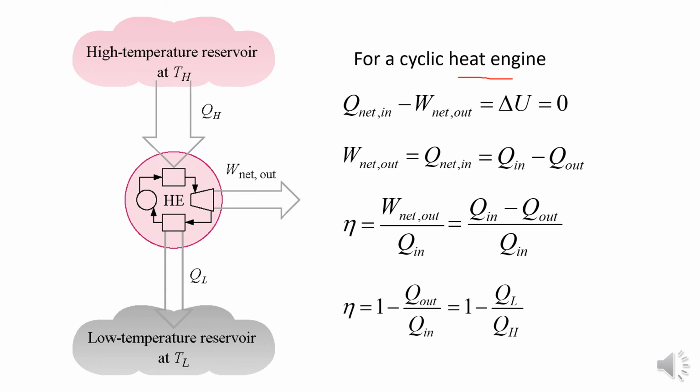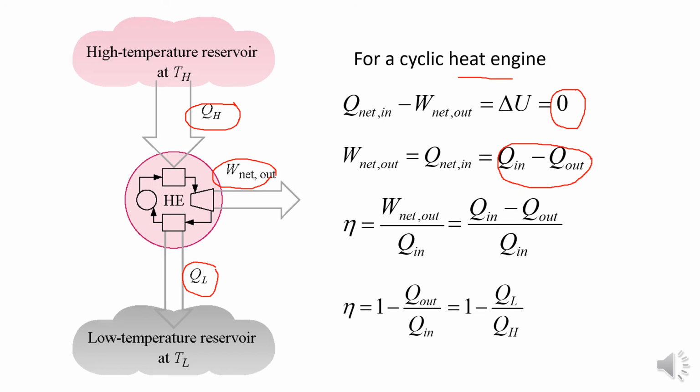Q net in minus W net should equal 0. So to calculate the work net out, or the work output, the work output will be equal to Q in minus Q out, QH minus QL.